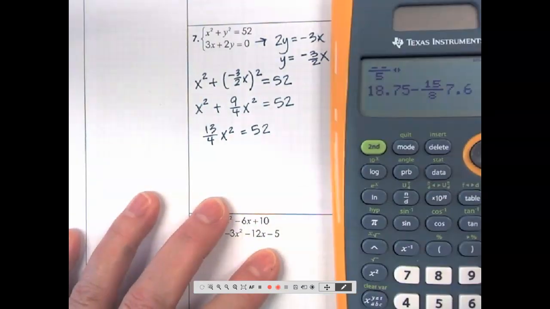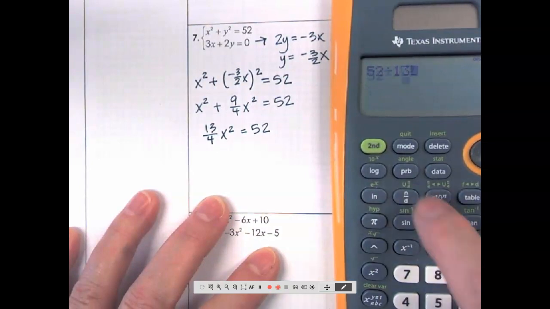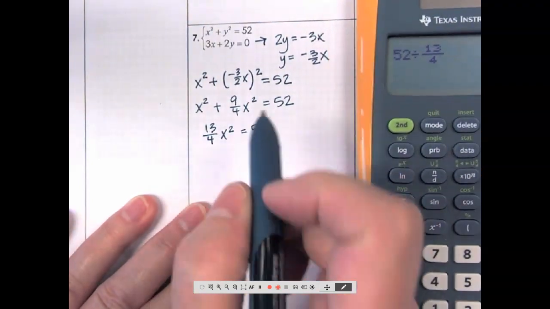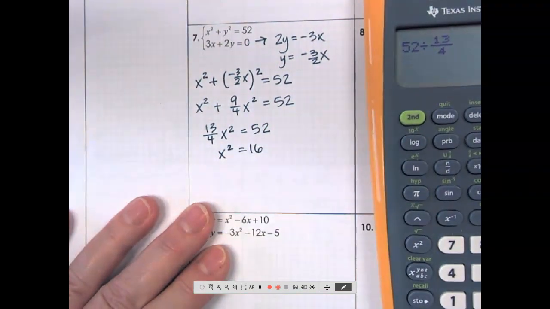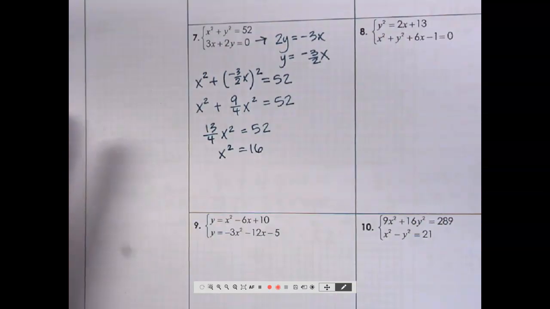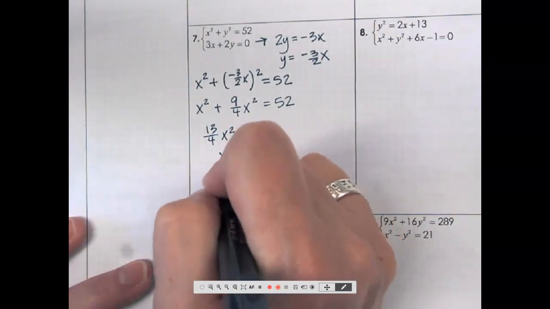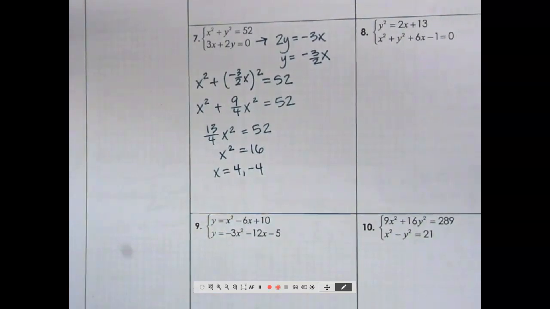I'm not going to do that one in my head. If x squared is 16, what is x? X is 4 or negative 4. 2 answer possibilities there, so that tells me there's going to be 2 points of intersection.